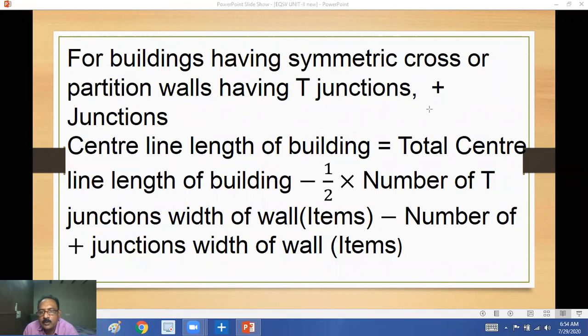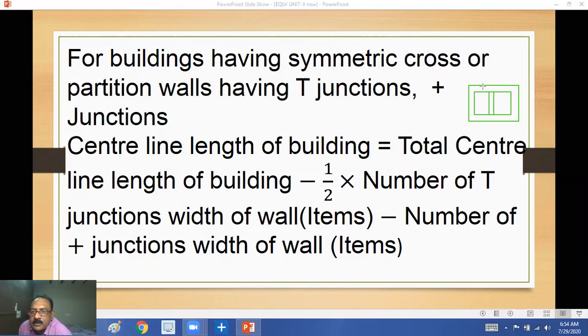Suppose a room is here. This is a room having one wall in the middle. So these are junctions.